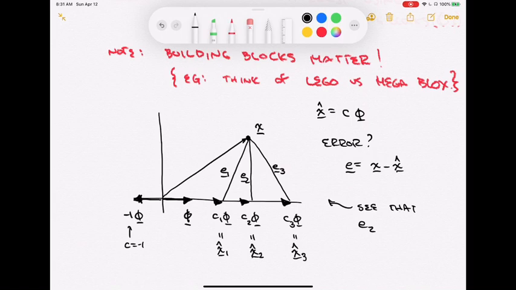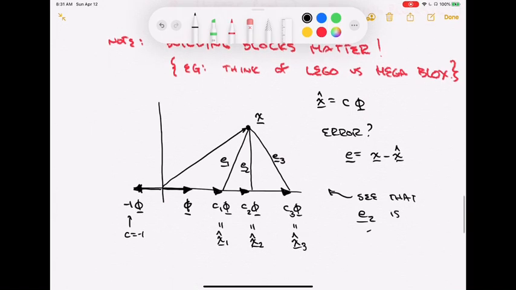What do we mean by smallest? That means that the size of the error, the norm of the error, is minimized. So here's a design criterion for us.